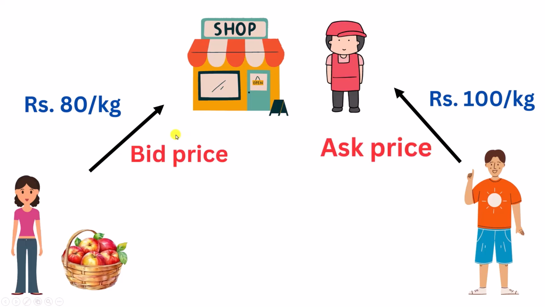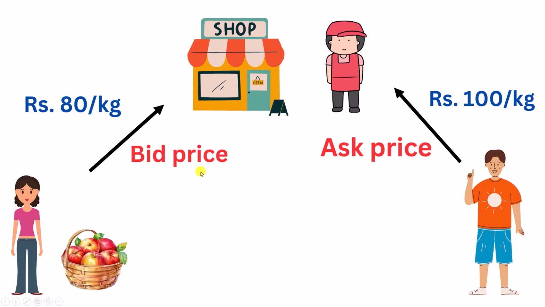This price at which the shopkeeper bought the apples is called the bid price, and this price at which the shopkeeper sold the apples is called the ask price.